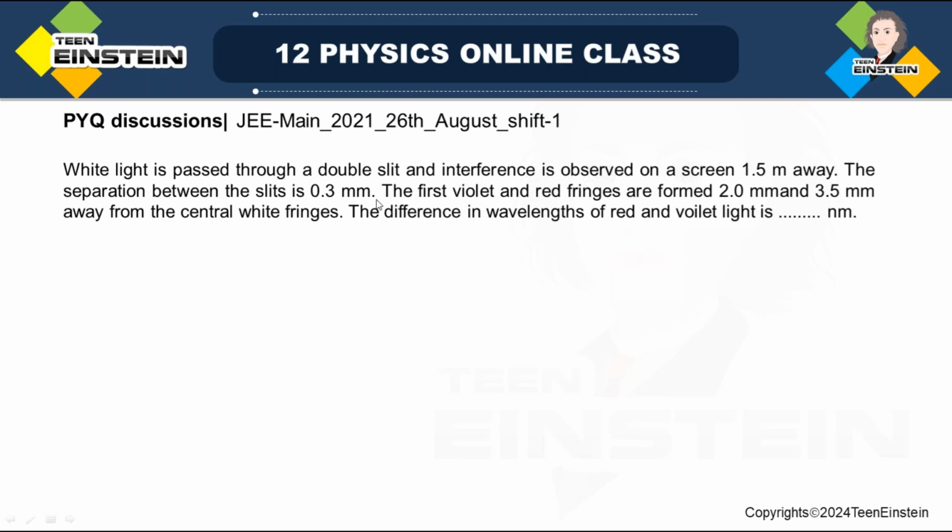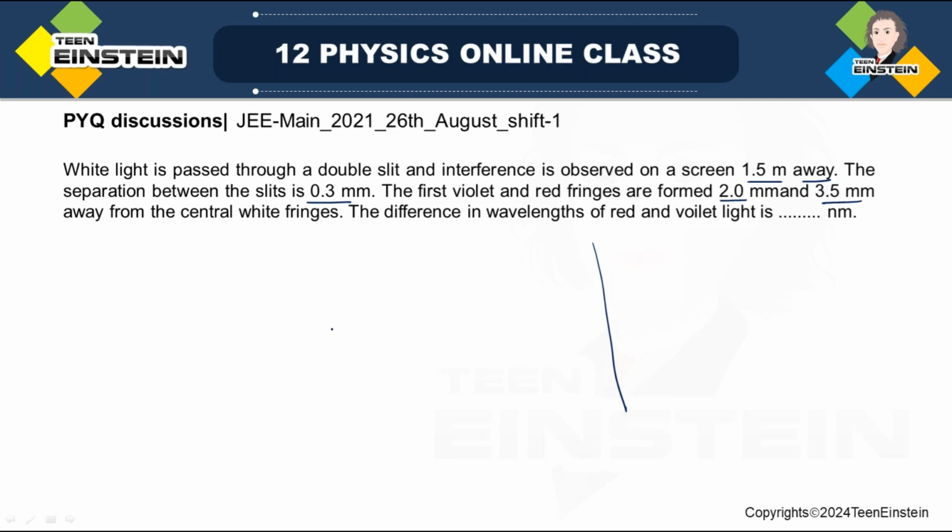Earlier the right portion was blocked by this thing. White light is passed through a double slit and interference is observed on the screen 1.5 meter away. The separation between slits is 0.3 millimeter. The first violet and red fringe are formed 2.0 millimeter and 3.5 millimeter away from the central fringe.